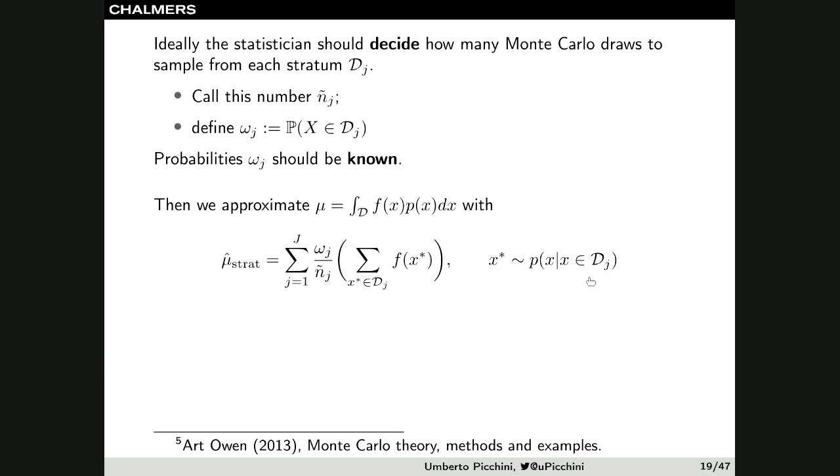So we want to sample nj times from this stratum, and we plug these simulated values, sum across each stratum, and weight these samples, and we obtain the stratified Monte Carlo sample of this integral. This is unbiased, it's easy to prove.